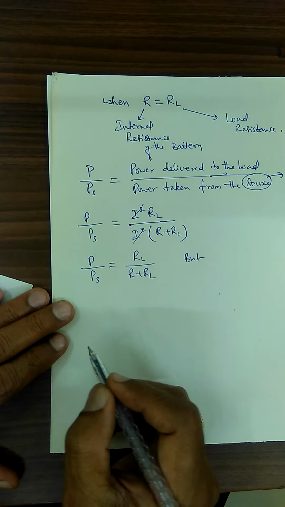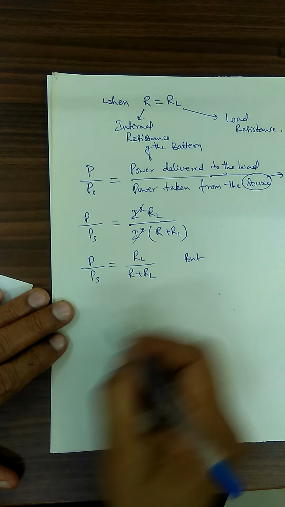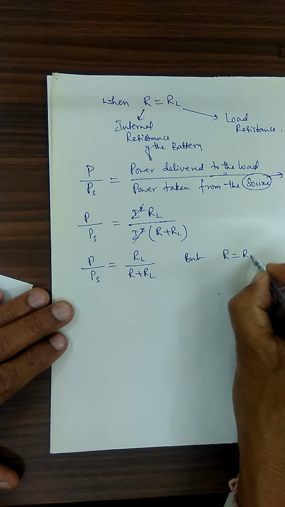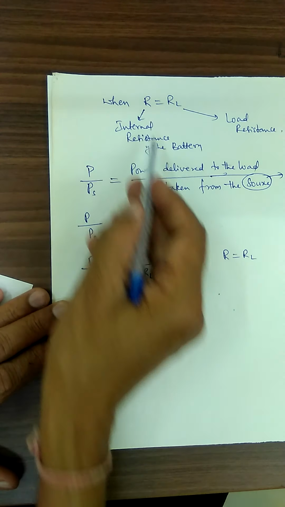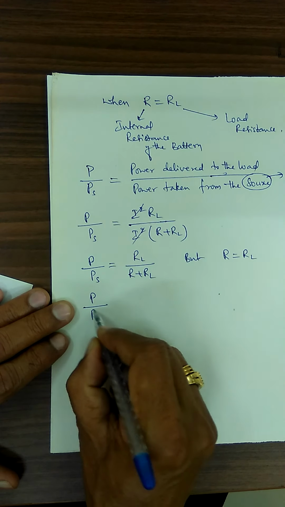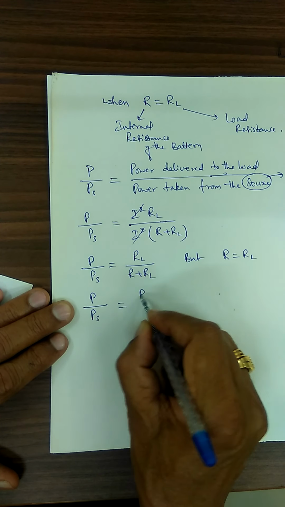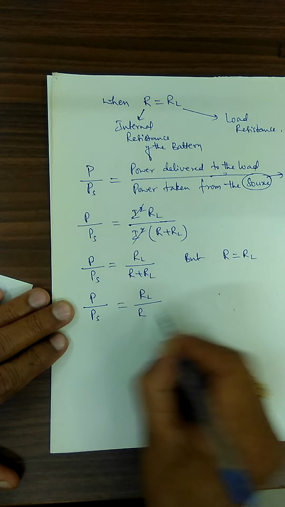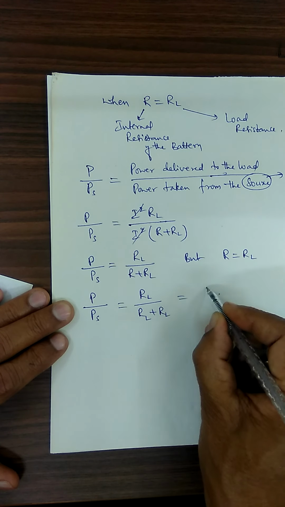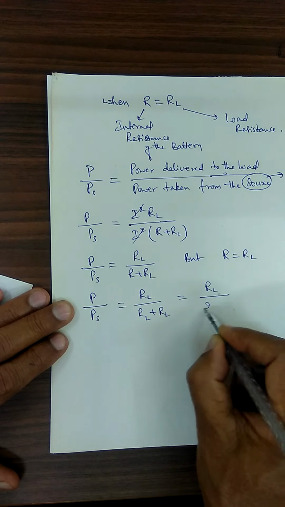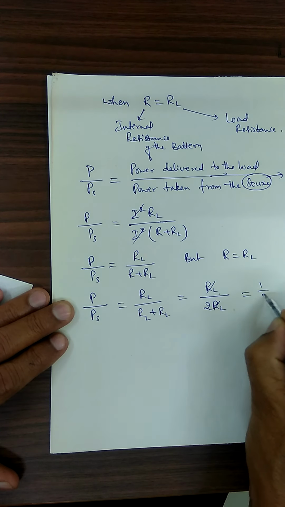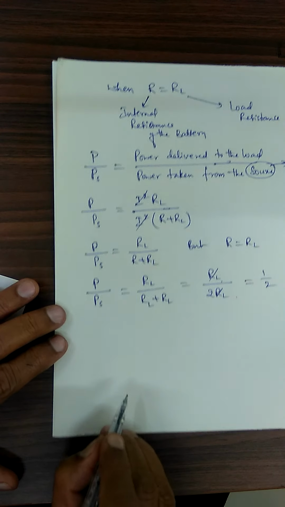But R is equal to RL. From there only we have started. Therefore, P divided by PS is equal to RL divided by (RL plus RL). So you are going to have RL divided by 2RL. RL gets cancelled. You are going to have half.